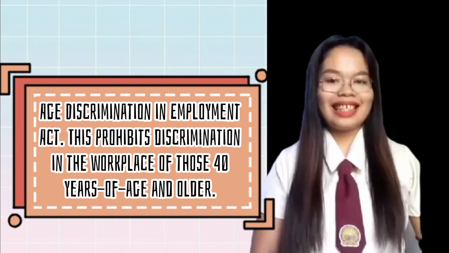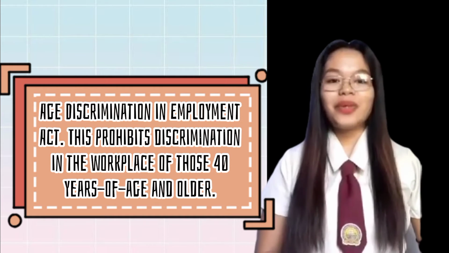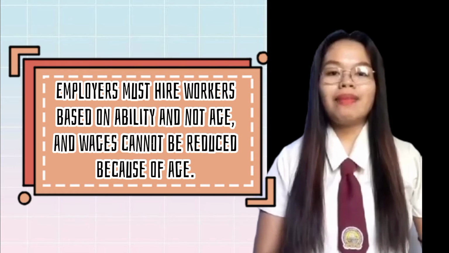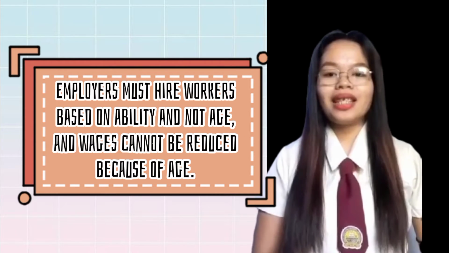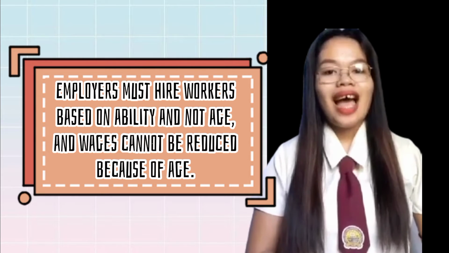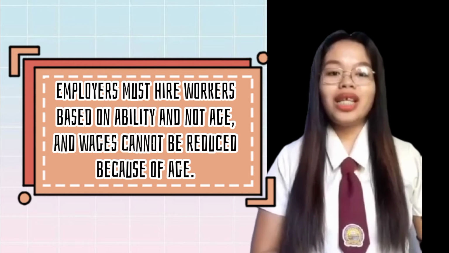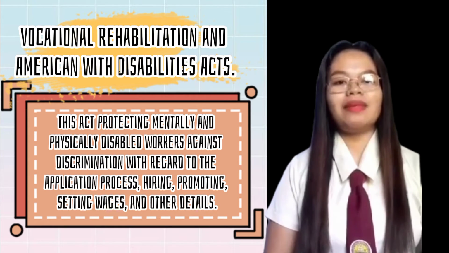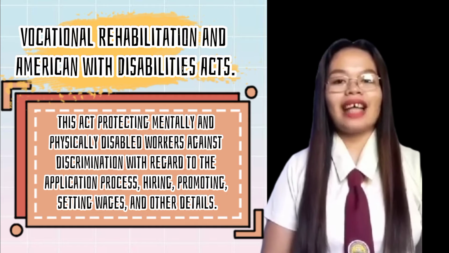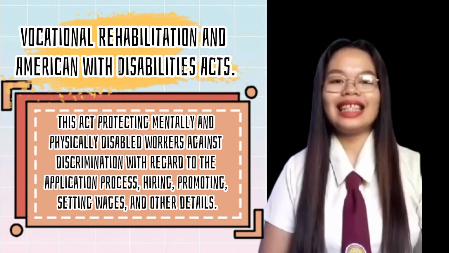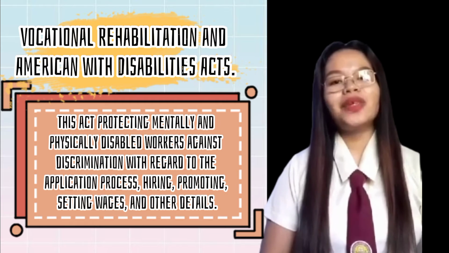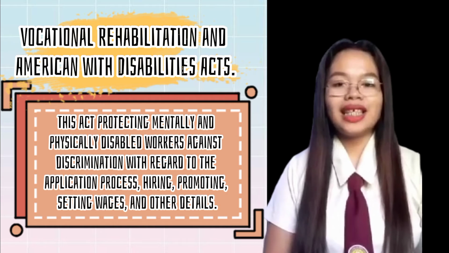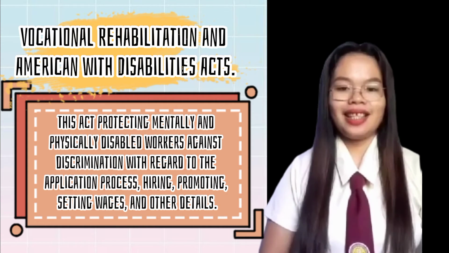Age Discrimination in Employment Act. This prohibits discrimination in the workplace of those 40 years of age and older. Employers must hire workers based on ability and not age, and wages cannot be reduced because of age. Vocational Rehabilitation and Americans with Disabilities Act. This act protects mentally and physically disabled workers against discrimination with regard to the application process, hiring, promoting, setting wages, and other details.